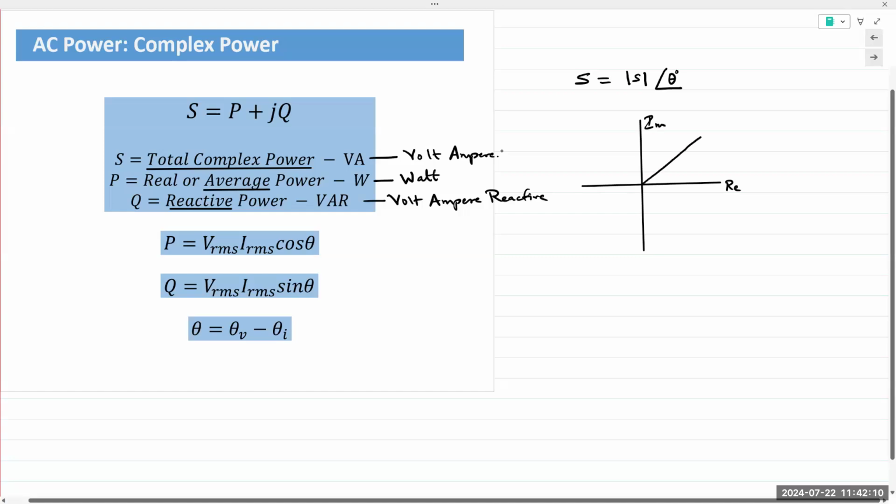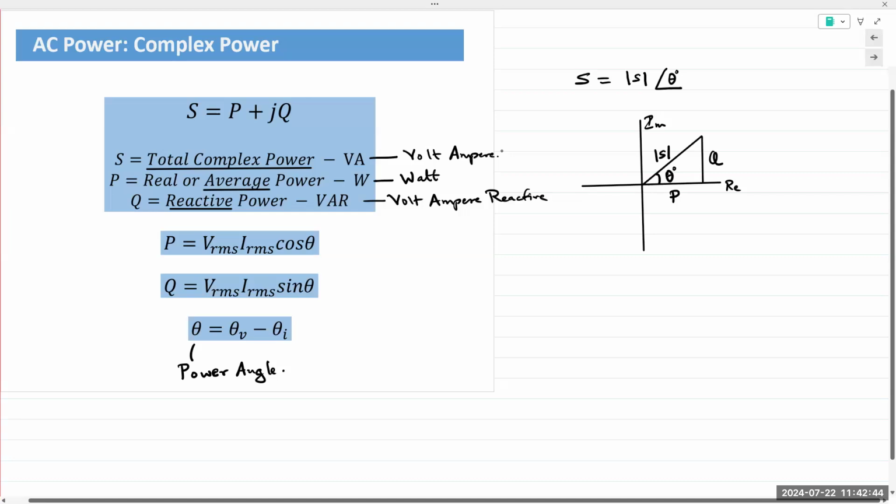S can be plotted like this. This would be Q, this would be P on the real portion. This would be the magnitude of S. This would be the angle theta. That is known as the power angle.